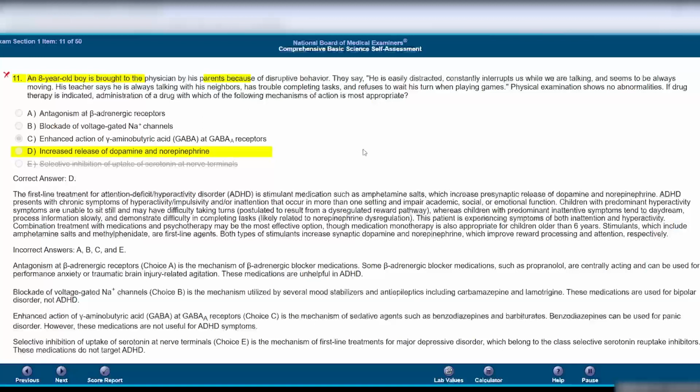People with ADHD, if you drink a lot of caffeine, it tends to work a little bit like amphetamines, because caffeine is a stimulant. And you would give stimulants to these people, correct? Yeah, exactly. Amphetamines are just stimulants. Dopamine, norepi, those are all just catecholamines, which are stimulants.